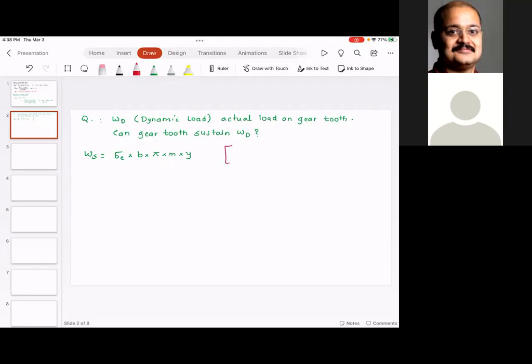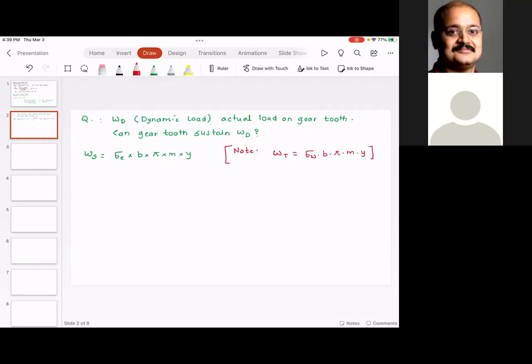So note, this is a side note: this equation is exactly the same as WT is equal to sigma W times B times pi times M times Y. However, sigma E is the endurance strength of the material, and sigma W is the working stress on the material.